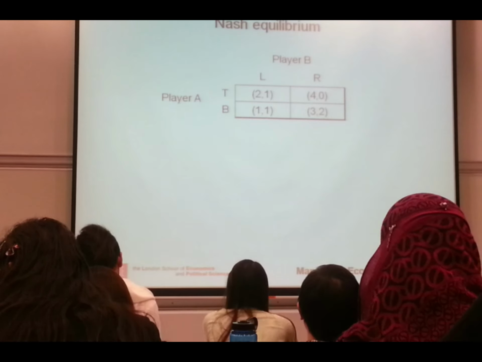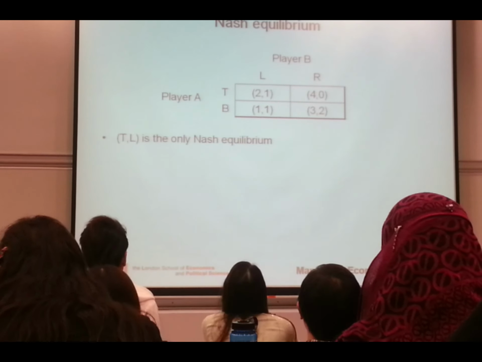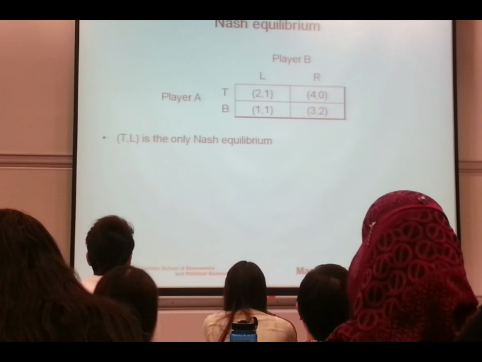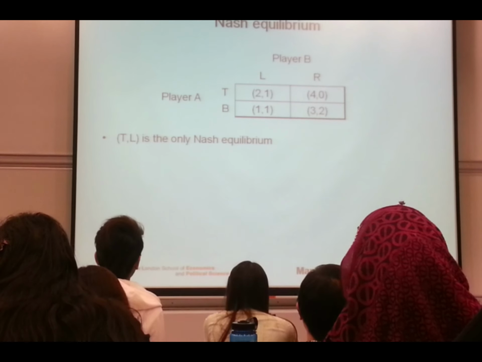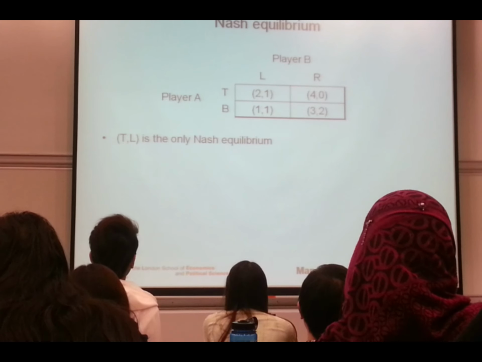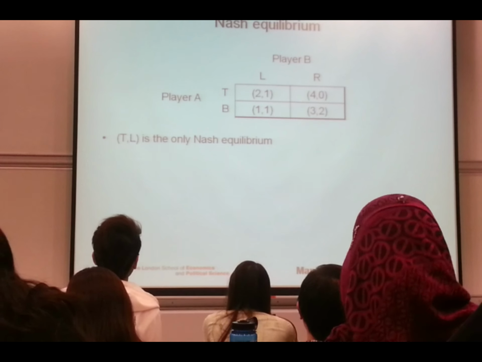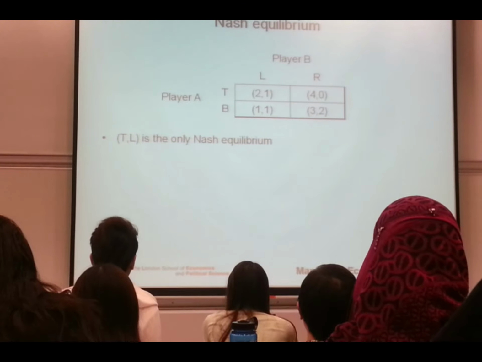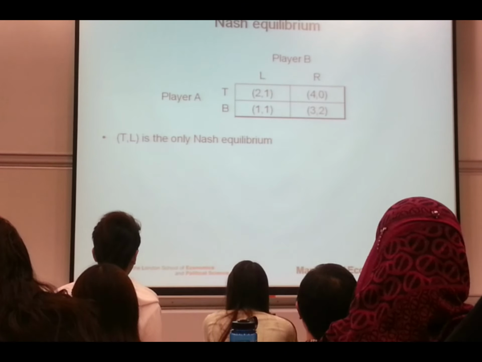And there are a couple of nuances about a Nash equilibrium. Top left in this game is the only Nash equilibrium. We can check this, but you can also take my word for it. Player B playing left means that player A wants to choose top. Player A choosing top means that player B wants to choose left.